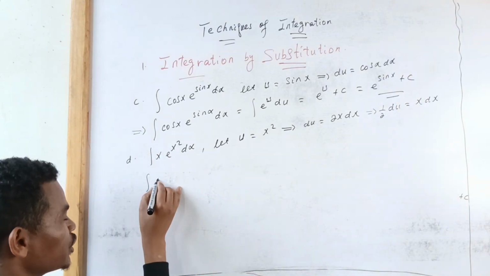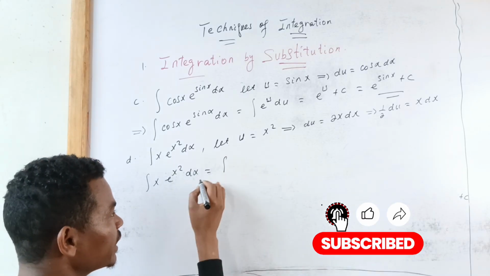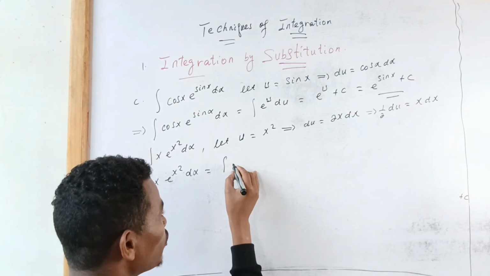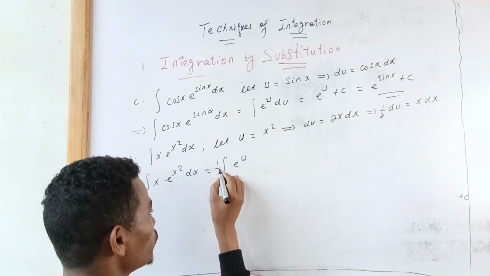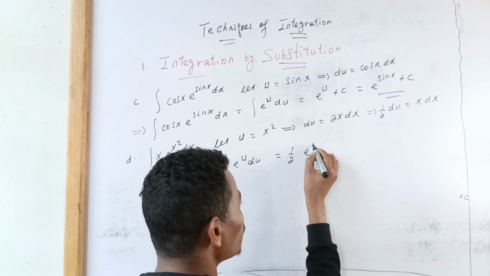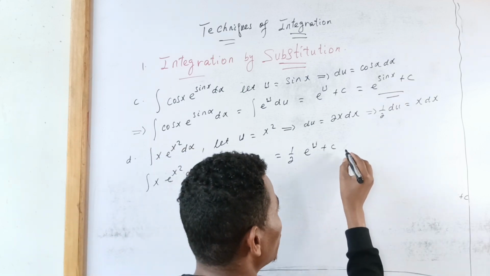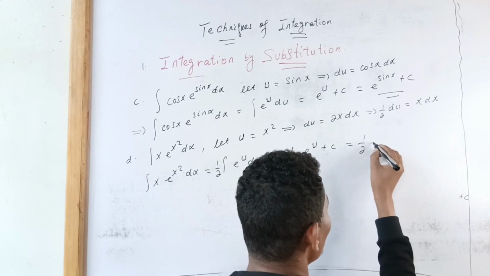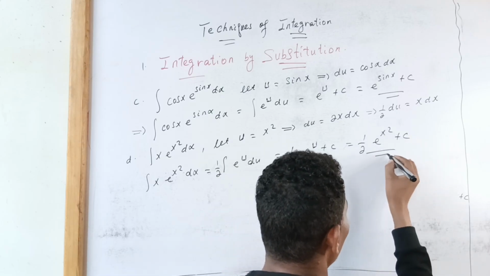That is, the integration of x e to the power of x squared dx equals the integration of e to the power of u times 1 over 2 du. This equals 1 over 2 e to the power of u plus c, because the integration of e to the power of u is e to the power of u itself. This equals 1 over 2 e to the power of x squared plus c.